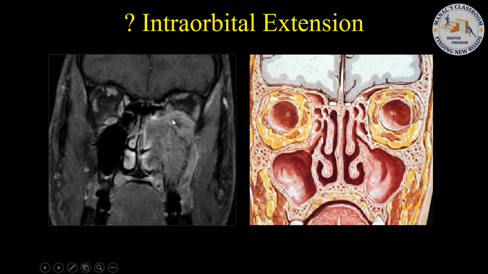And in this case, we can see the tumor has grown all the way into the inferior aspect of the orbit and has completely engulfed the inferior rectus muscle. So there's no way to save the globe, but those are all elements of intraorbital extension, and they all have implications regarding the surgical approach.